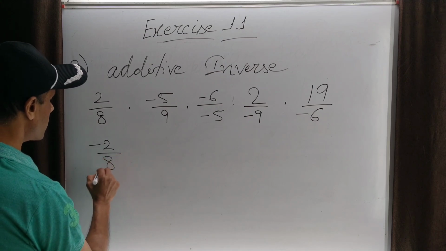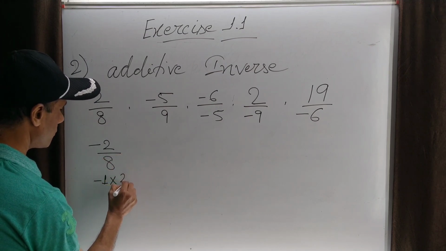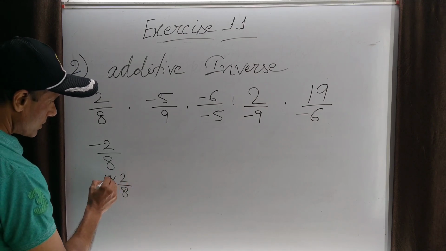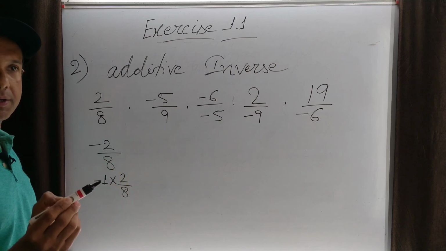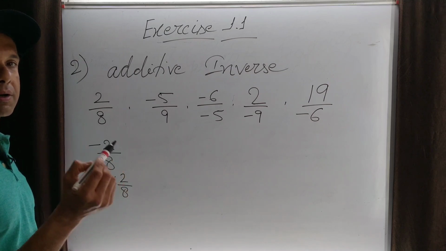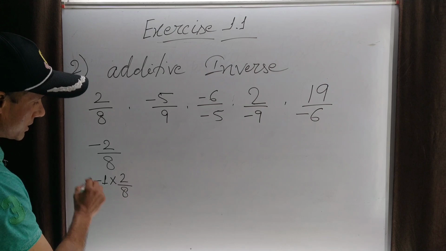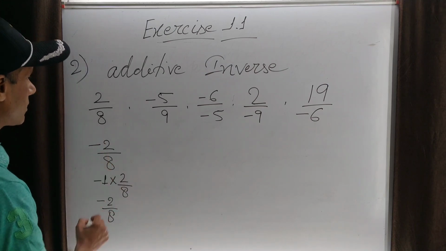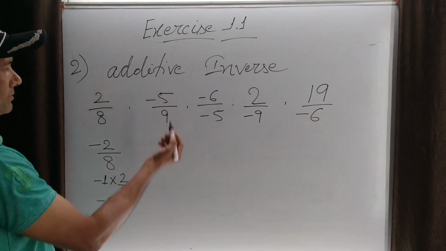You have simply multiplied minus 1 with 2 by 8. So when you change the sign of any integer or rational number, it becomes the additive inverse of that particular integer or rational number, and this is how you achieve that. So the additive inverse of 2 by 8 is minus 2 by 8.